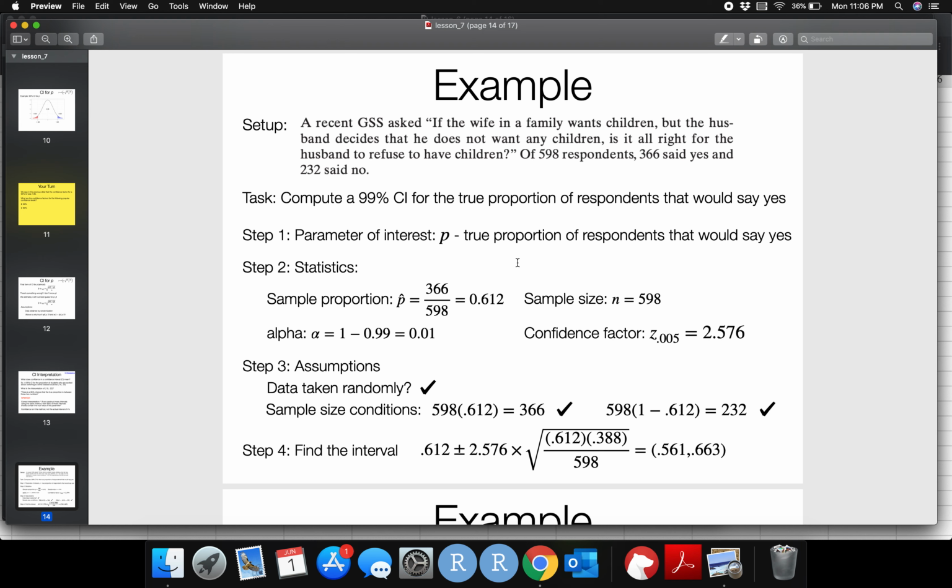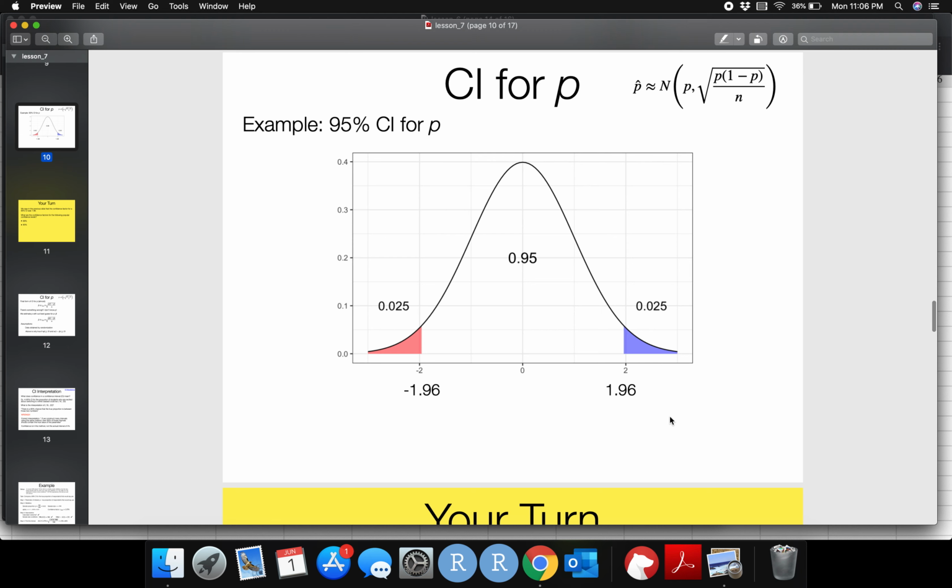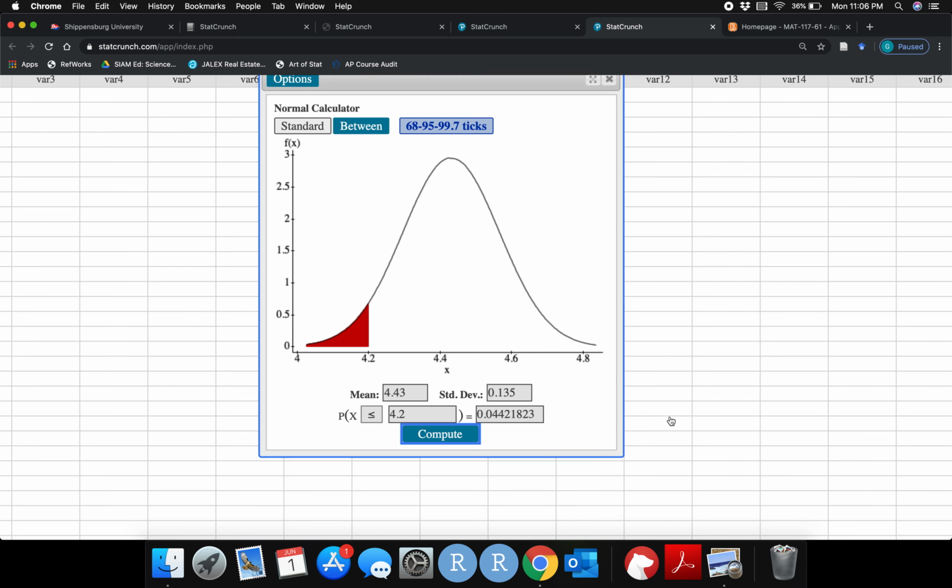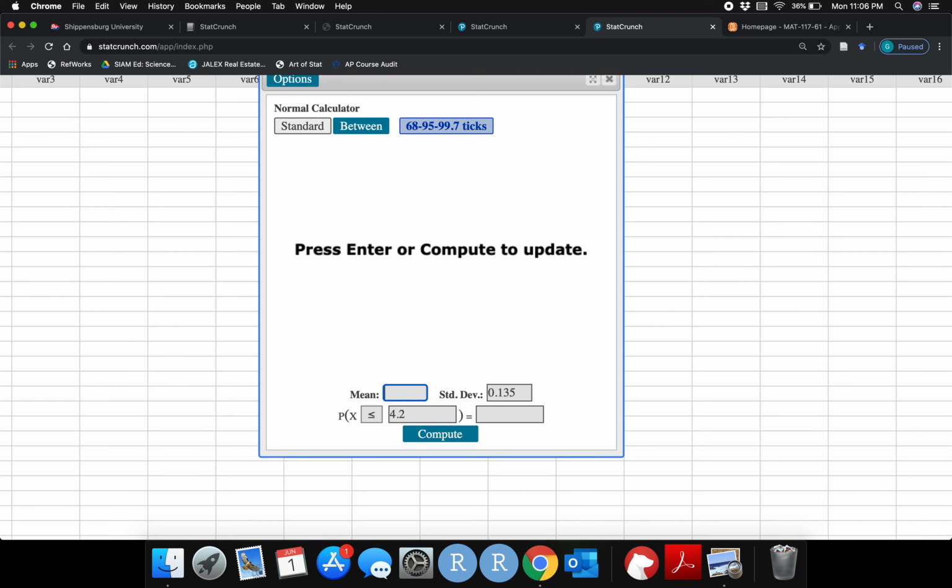In the previous slides, I talk about how to find those confidence factors, and you do that with the help of StatCrunch, with the normal calculator. When you do that, you need a mean of 0 and a standard deviation of 1. We're dealing with the standard normal distribution.